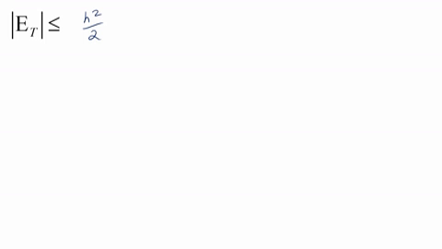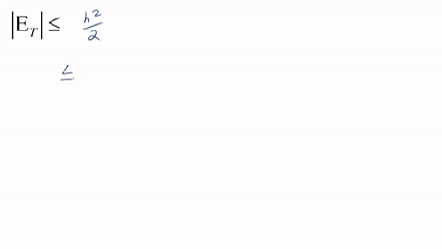Part E, show that the trapezoidal rule error will be less than or equal to 0.01 if h is less than or equal to 0.1. So here's our error formula. The absolute value of e sub t will be less than or equal to h squared over 2, and we'll substitute 0.1 in for h.